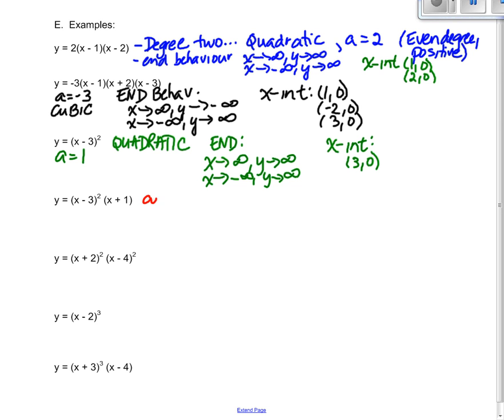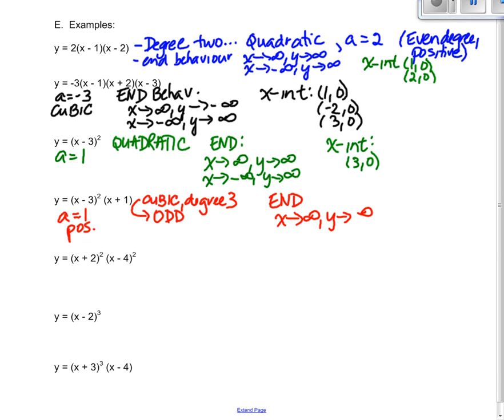Third one, y equals x minus 3 squared times x plus 1. This one is a cubic, has degree 3. Its leading coefficient, again, is an invisible 1. So that tells me odd, and positive, which tells me what to look for in my chart. So an odd degree polynomial that's positive. So my end behavior: as x approaches the right, the function itself increases.